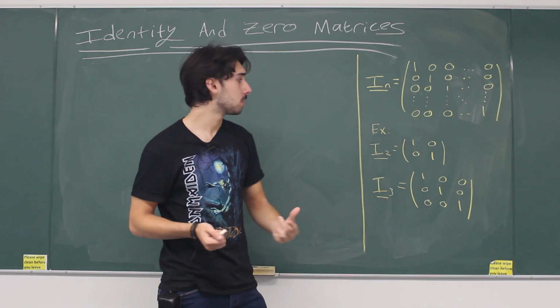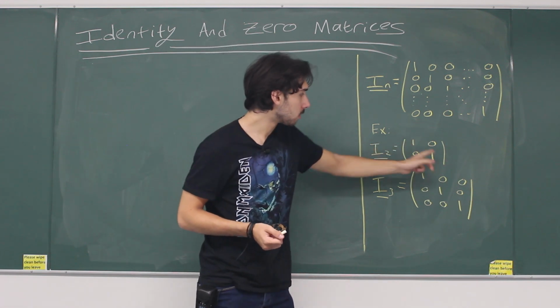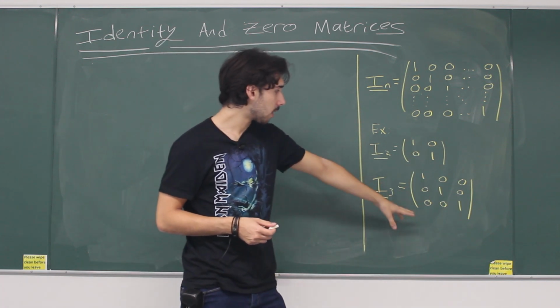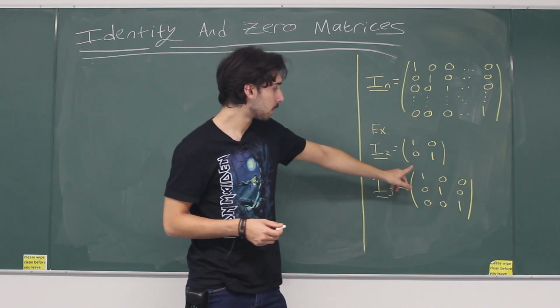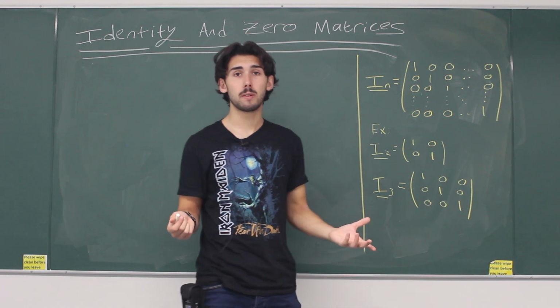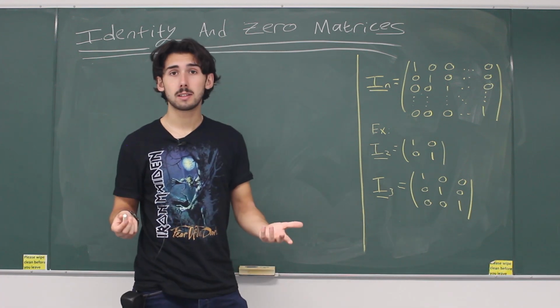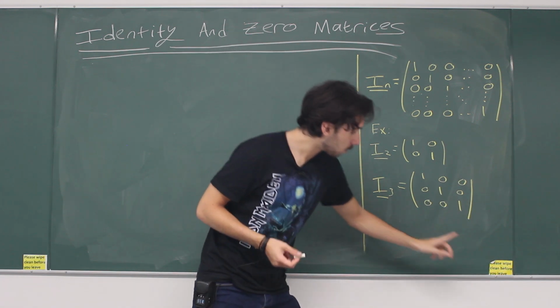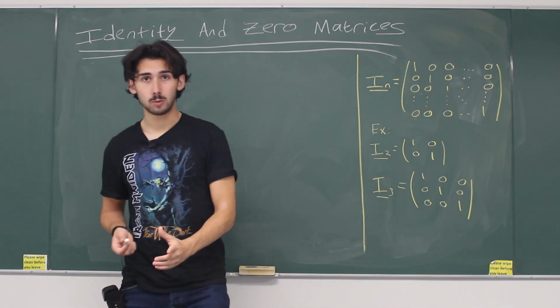It's all zeros, but on the leading diagonal you have ones. The three-dimensional identity matrix looks like this, all zeros with ones on the leading diagonal. This works for any number that you want. The 4 by 4 identity matrix would look the same, all zeros, but with 1, 1, 1, 1 going down the diagonal. That's what they are.